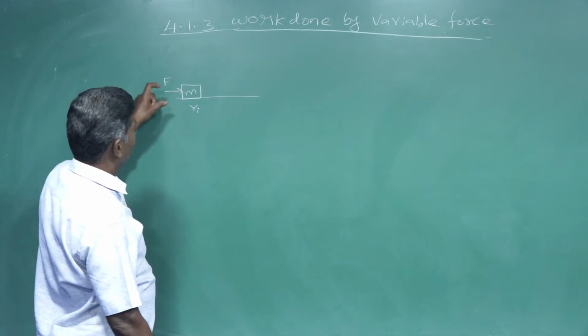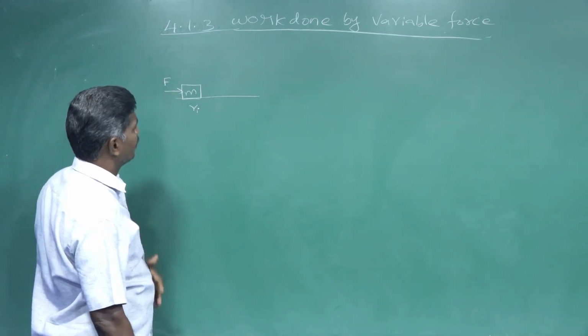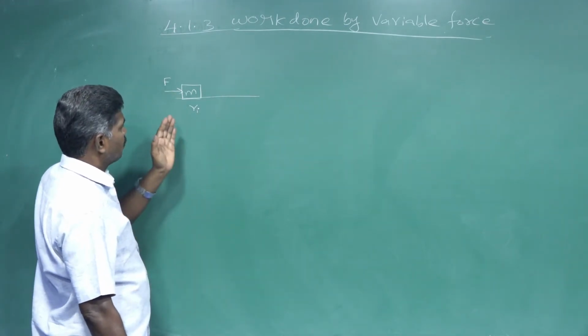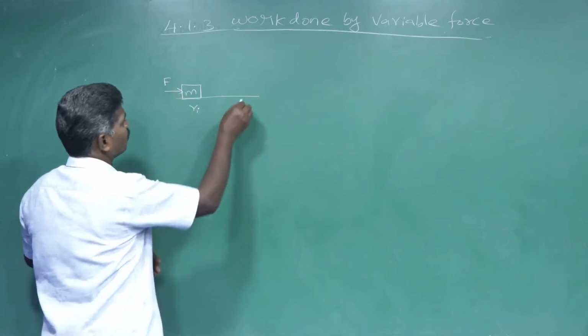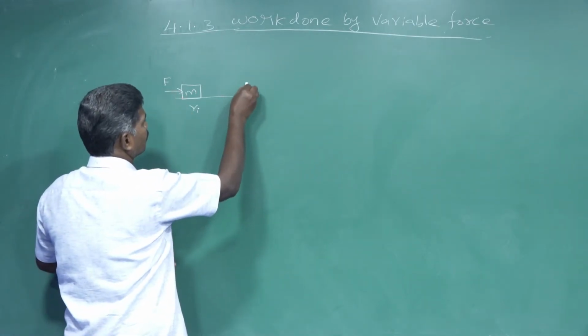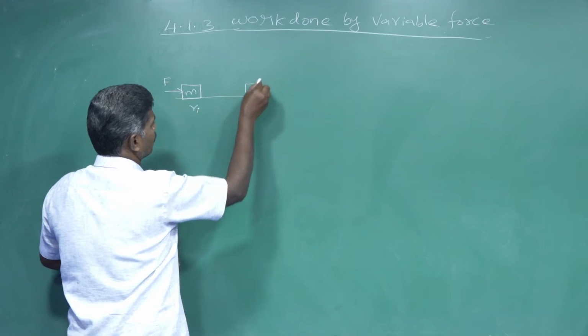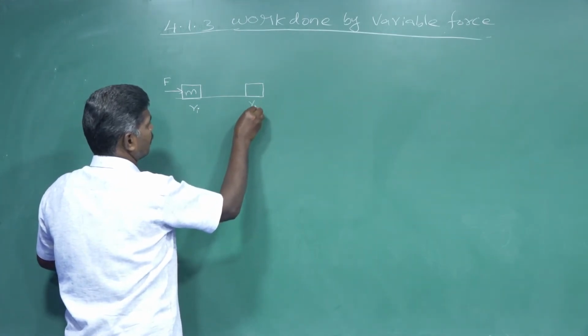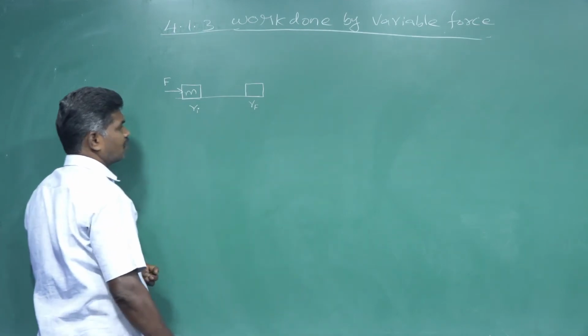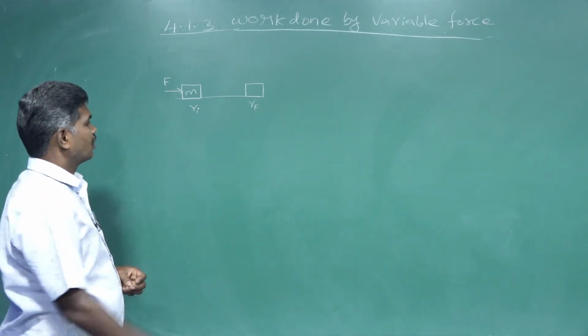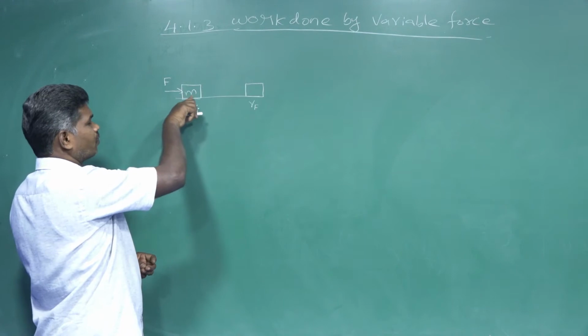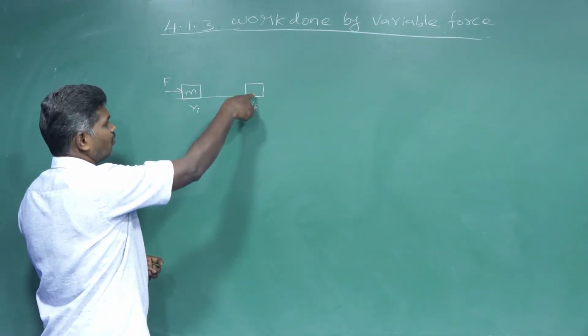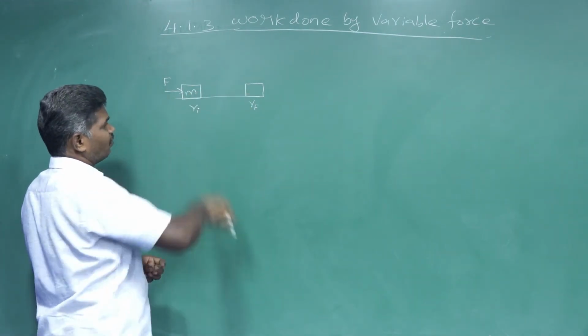If you apply a force F, this m mass object may move from this initial position to some other position. Their position may be represented as a final position, that is Rf. The same object moves from initial position to final position by applying a force.